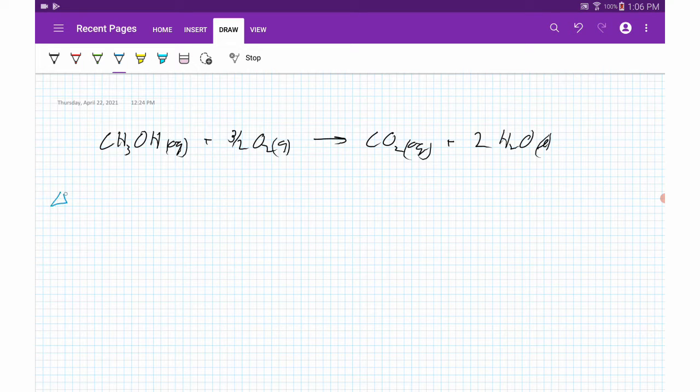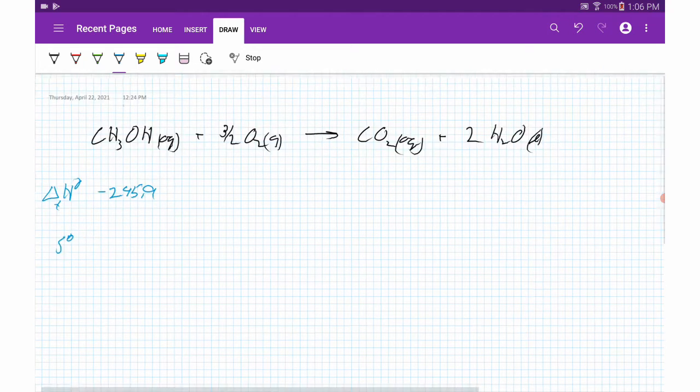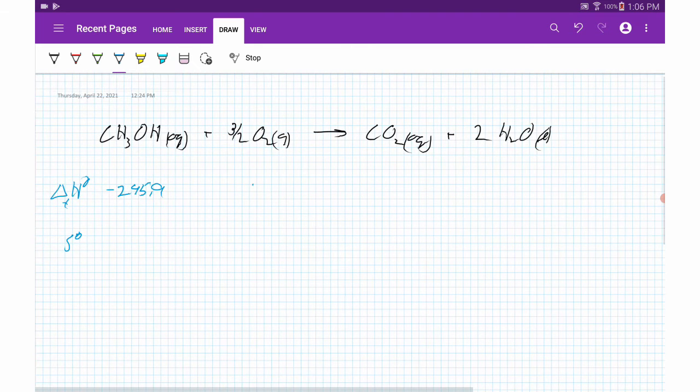So we have, and I'm just going to put in all the values. And the entropy.